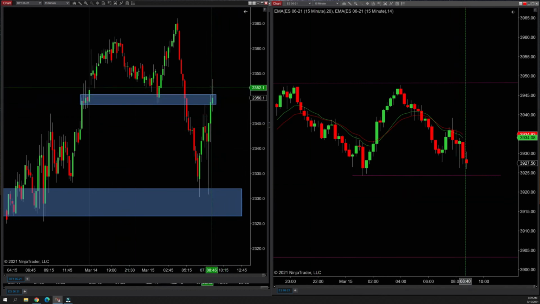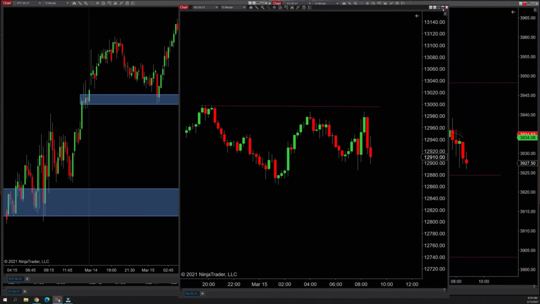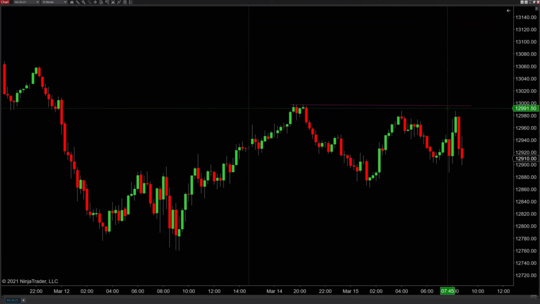But just keep watching. NASDAQ is indecisive. It came off the top and now it's not trending. 15-minute chart again.